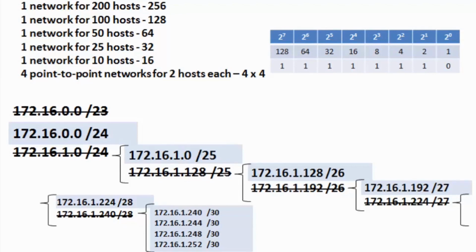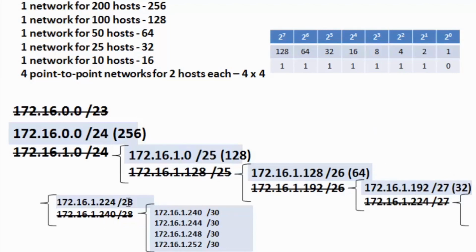Looking at the subnets that have been left, we have the 172.16.0.0/24 subnet. This is good for 256 hosts. We have the 172.16.1.0/25 subnet. This is good for 128 hosts. The 172.16.1.128 subnet /26 is good for 64 hosts, and the 192/27 subnet is good for 32 hosts.